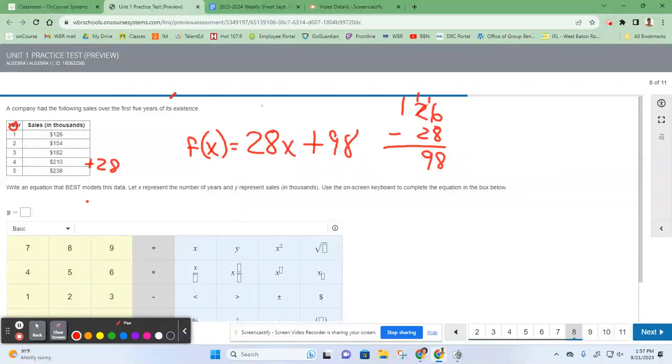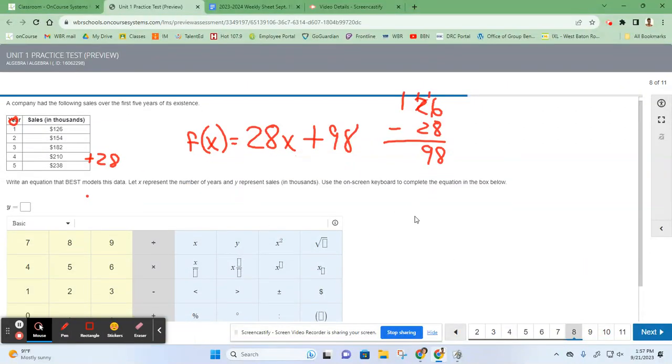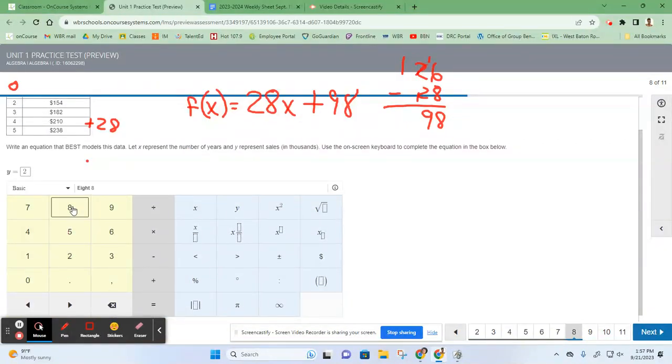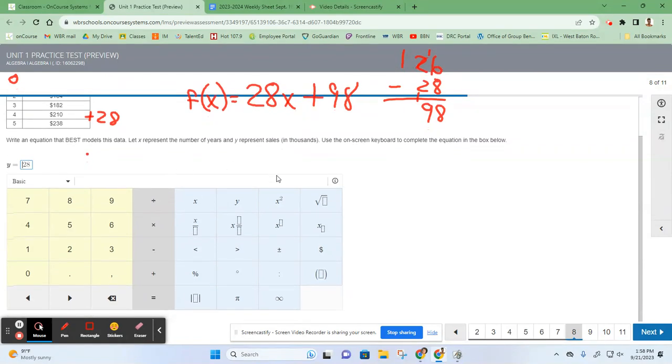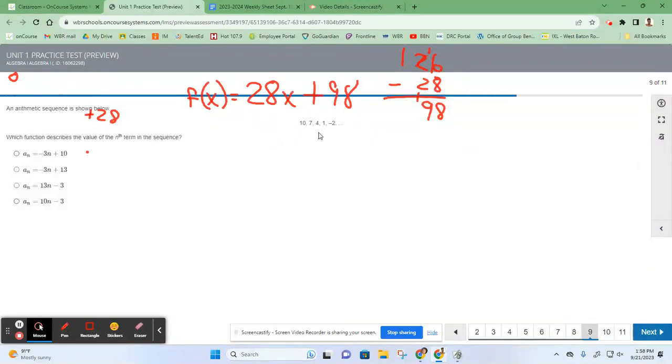So it says to use the keyboard to type it in. So y equals 28x. Hold on. What are we trying to do here? Oh, here's the x. Sorry, my bad. 28x plus 98. Awesome. Next.